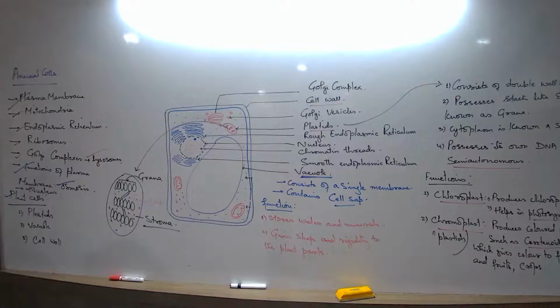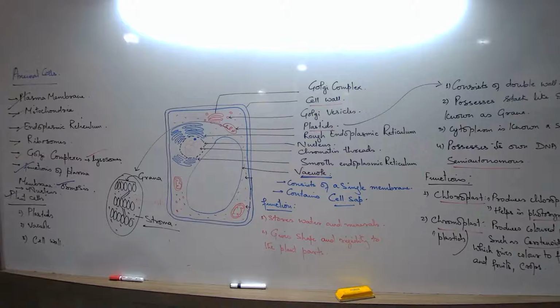The cell wall is found in the cells of plants, fungi and dash. Cell wall is found in the plant cells, in the cells of fungi, and also in the cells of bacteria.